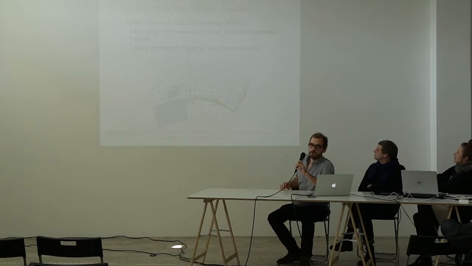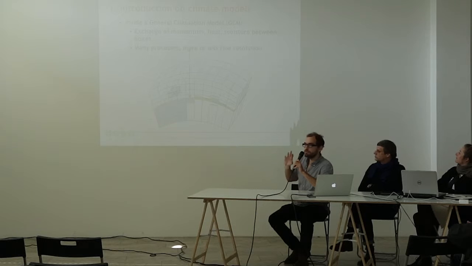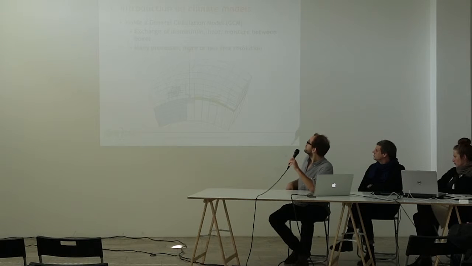Then you have to make assumptions about certain processes, how these variables relate to each other, so basically the first principles are the conservation of energy, of moisture, and of momentum, motion, so Newton's law, that kind of thing. And you can do that from box to box.